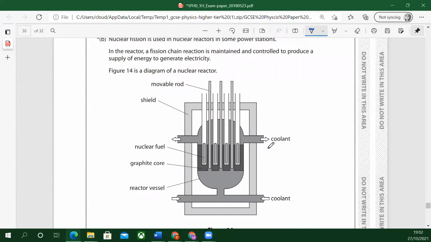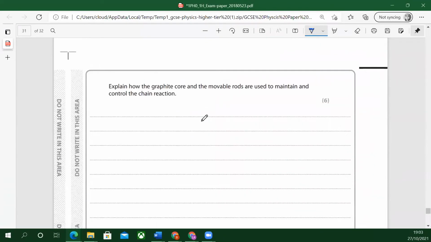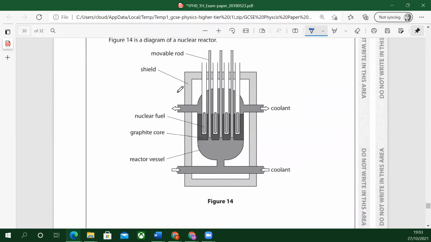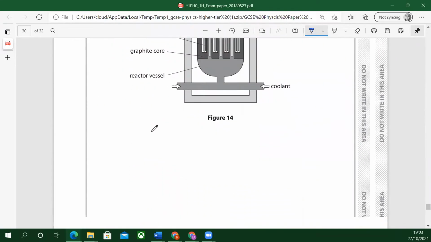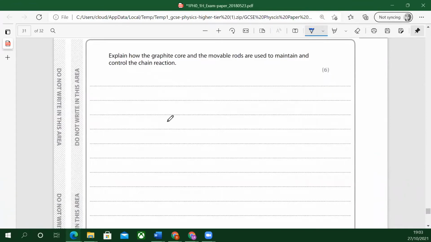Coolant comes in, usually water. Explain how the graphite core and the movable rods are used to maintain and control the chain reaction. This is going to be assessed on English too, with a little star next to it, so the way you write is also giving you a mark. You have to write in full sentences. You can plan in statements, but you have to write in a sentence that makes sense.